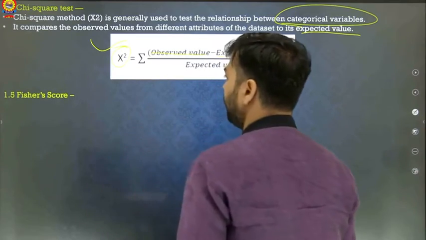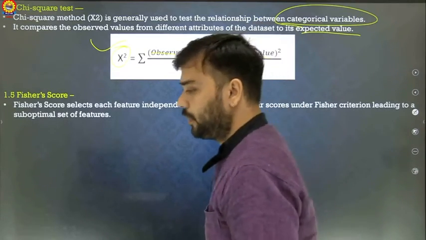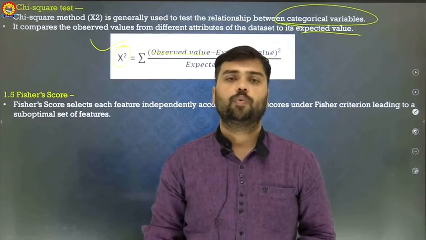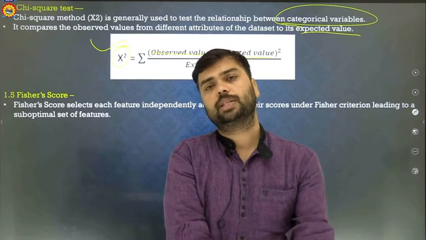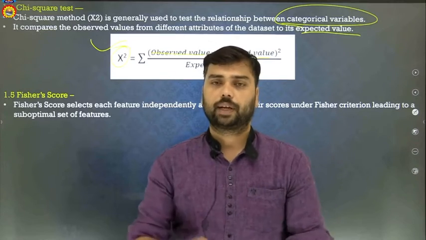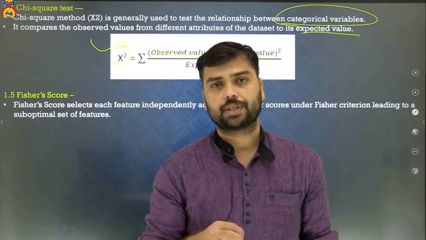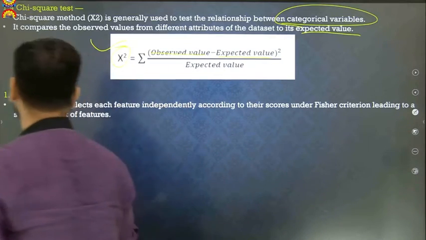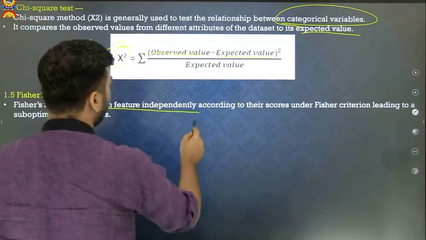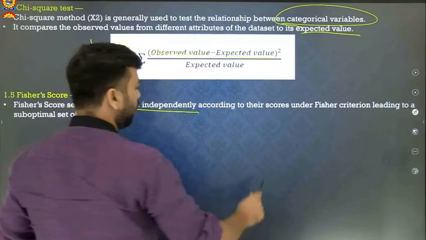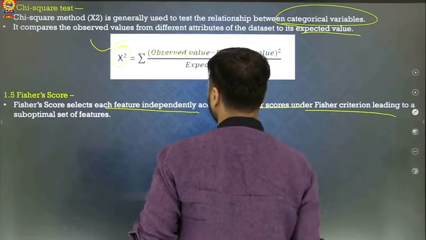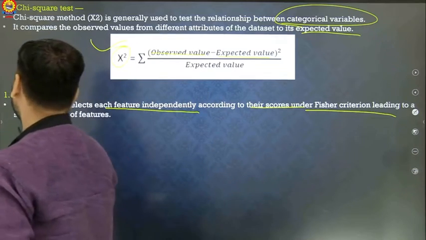Next we have feature scores. So we are scoring the features. When we score the features, on the basis of the score, we can take particular features for the target value prediction. The feature score scores each feature independently according to their score, which can lead to a suboptimal set of features.